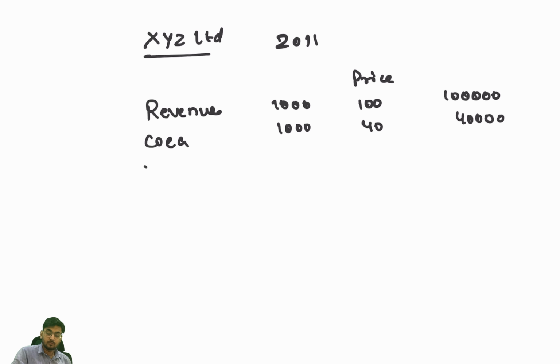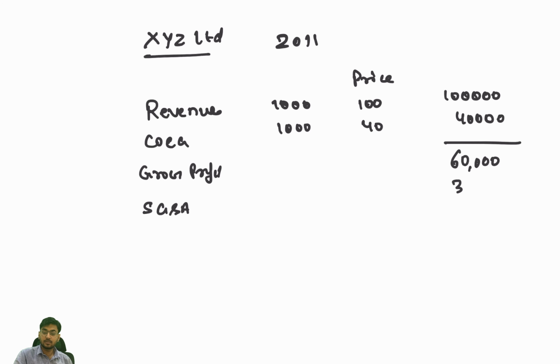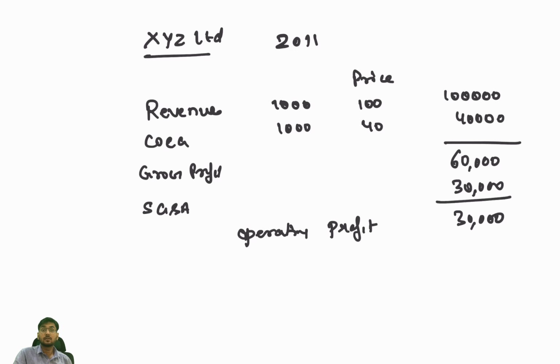Clear? Now what's your gross profit? 60,000. This is your gross profit. Now selling, general and other administrative expenses, say 30,000. What is your net profit? Or you can say operating profit. How much? 30,000. Clear? Now this is the information for 2011.